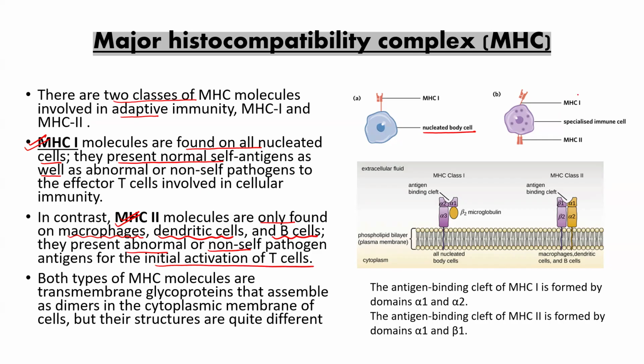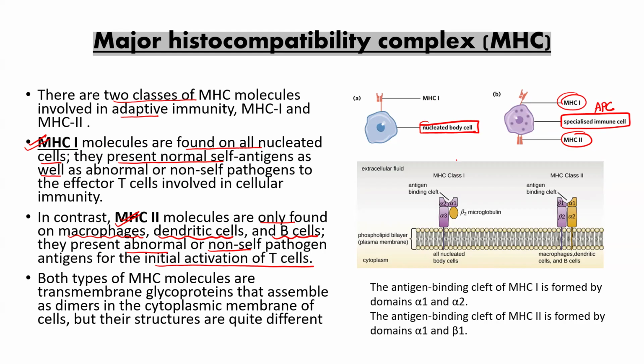So these special immune cells, the antigen presenting cells, have both types of MHC. MHC1 is present on all nucleated cells, but MHC2 is present only on specialized immune cells.